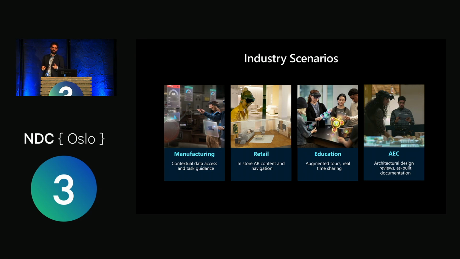Maybe you're steering something on a tablet and they're seeing the result on the HoloLens 2. It's useful for education as well because you can give people guided tours through museums or have students looking at the same 3D model at the same time and having a lesson that way. And it's useful for architecture and construction because you can do design reviews together in 3D. And you can also bring those models to the construction site and line them up with reality.